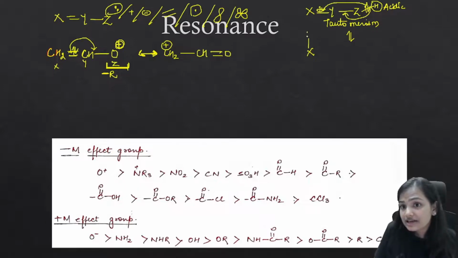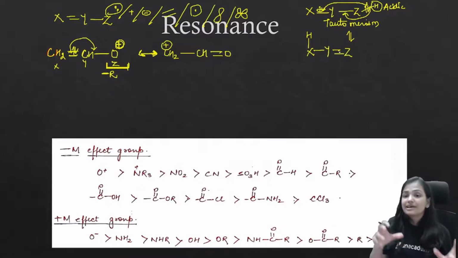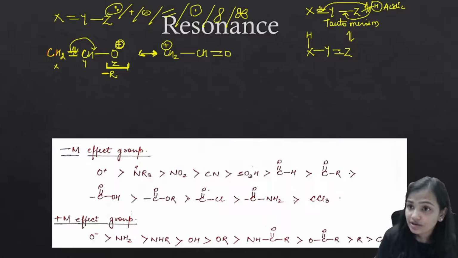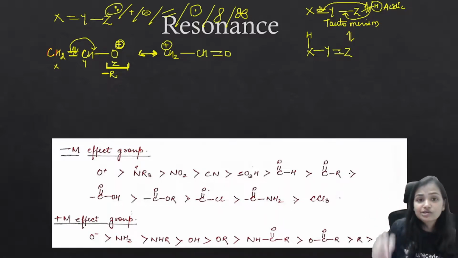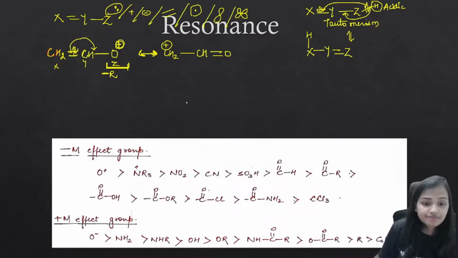Ultimately I can say XH single bond Y double bond Z. These are two tautomeric structures of each other. This kind of displacement of hydrogen will occur. So here we have hydrogen, but there we have electrons. I hope you got it. Now if you ask me, ma'am, how does NO2 show tautomerism or resonance, let's have a look at the example.